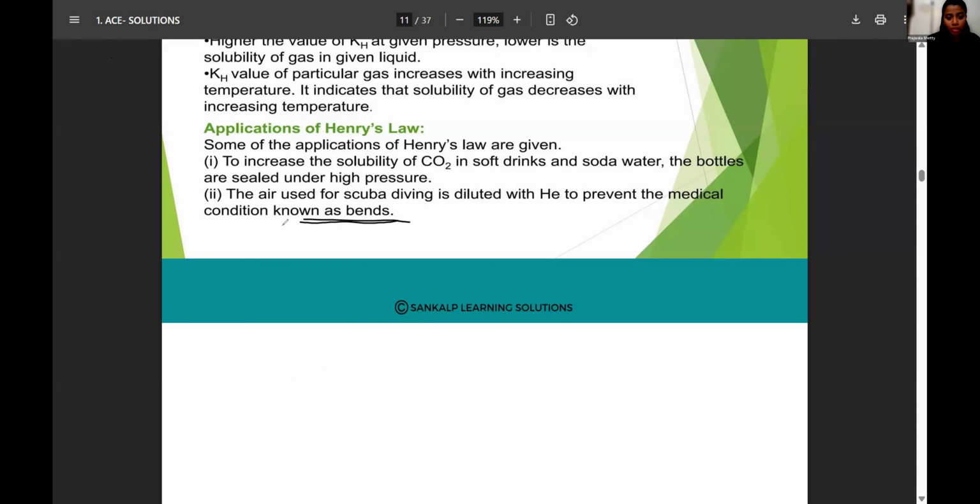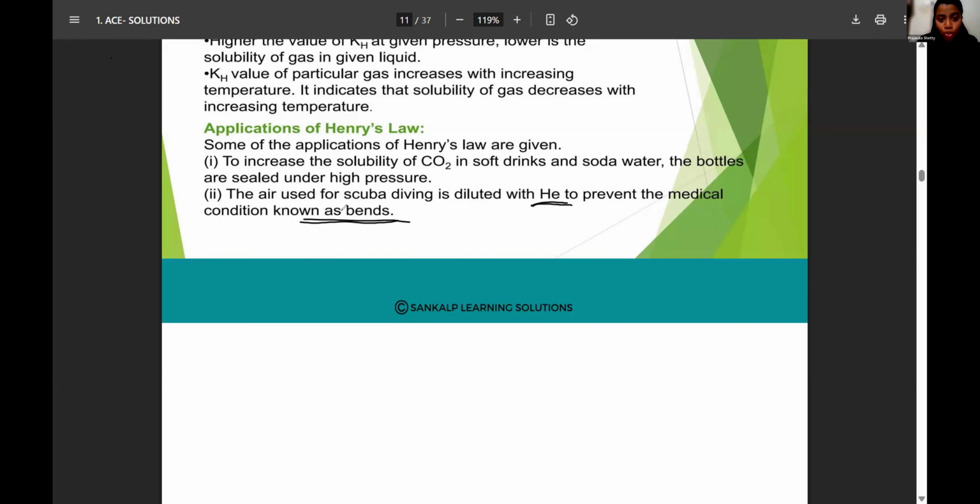It is a painful and life-threatening medical condition. Okay? Again, to avoid bends, what do we do? Replacing nitrogen with helium, we do this to avoid bends and the toxic effect of high concentrations of nitrogen in the blood.